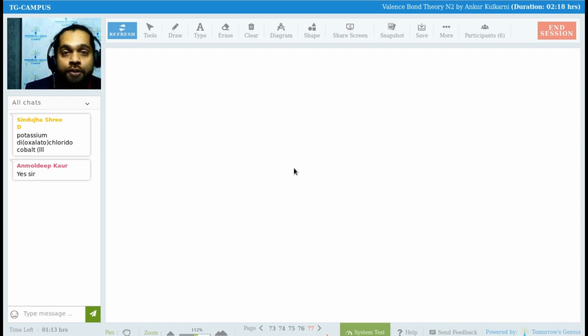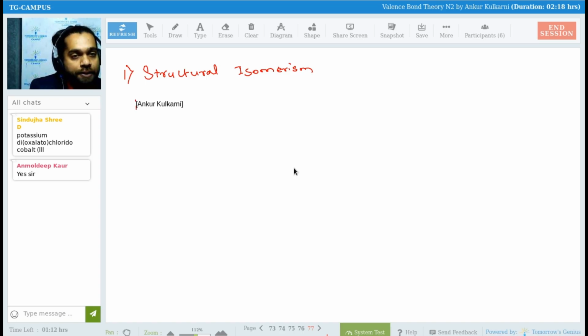In inorganic chemistry, in coordination compounds, we have different types of isomerism. First we have structural, and second is stereo. Let us start with structural, something related to structure. So first is structural isomerism.